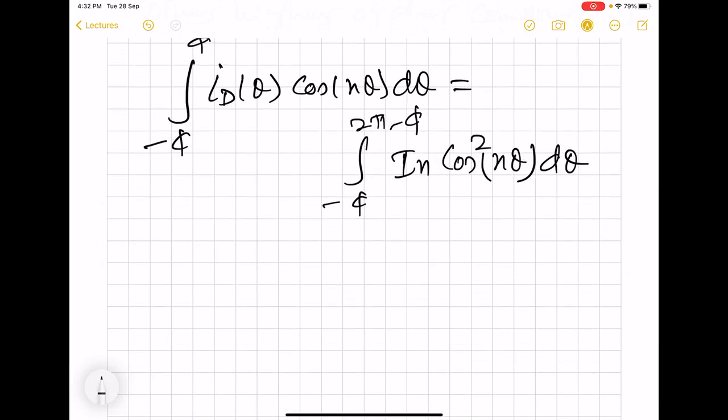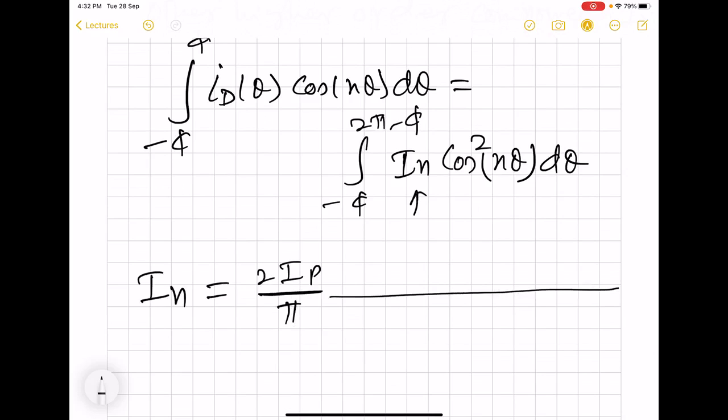If we carry out this integration and extract the value of IN, the amplitude of the nth order harmonic, then this is what we will get. So keep in mind that although we are carrying out this analysis for so-called class C, all these results are very general and applicable even for class B and A, which we have already studied.